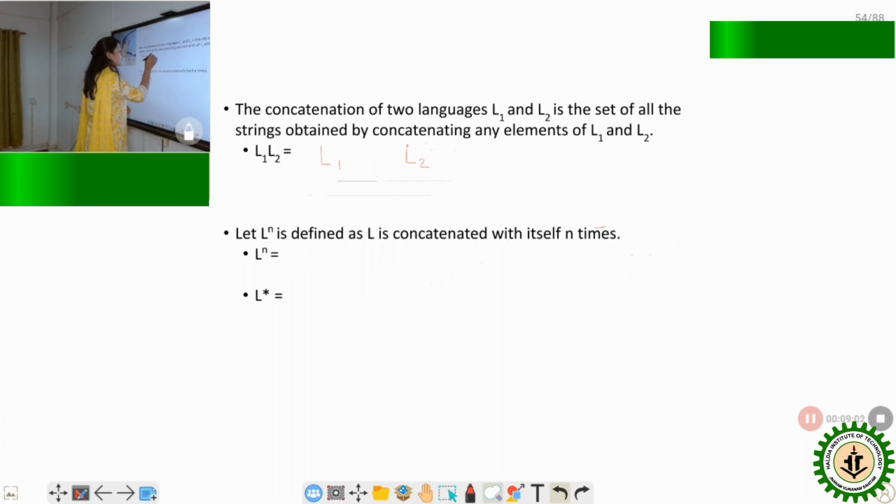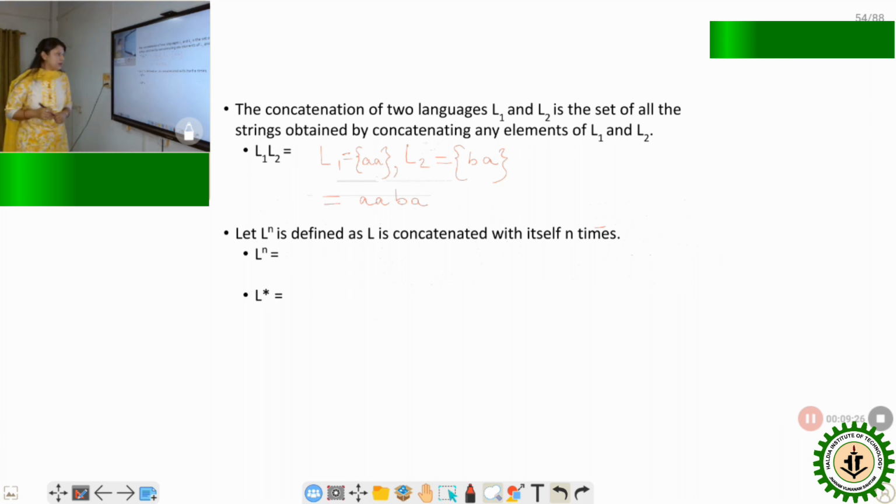If L1 contains AA and L2 contains BA, then the concatenation of L1 and L2 will be AABA. And L to the power n means we are concatenating L n times, and L to the power star means infinite times.